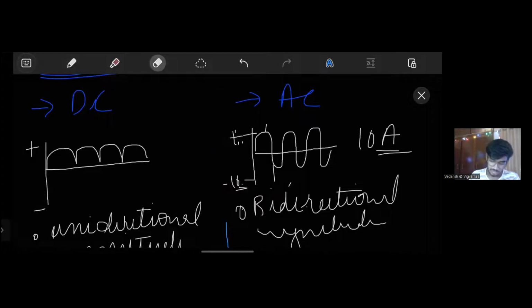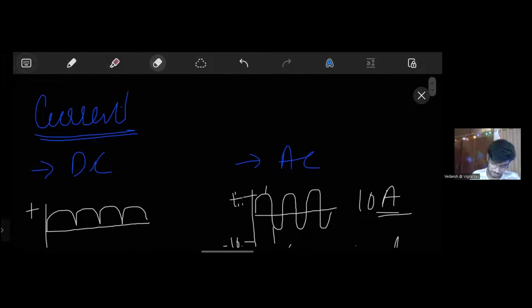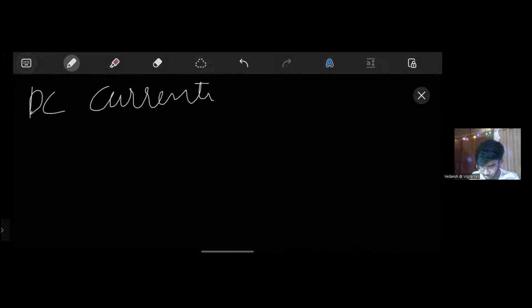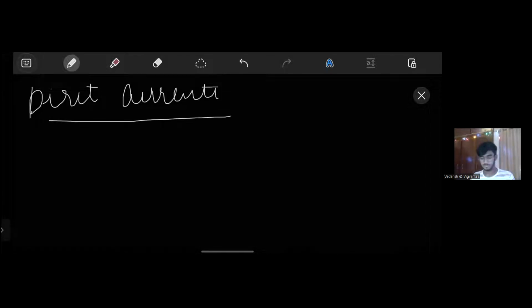Now that we have talked about AC current, what actually lies behind the source of DC currents? Let's talk about direct currents. What lies behind the concept of direct current?